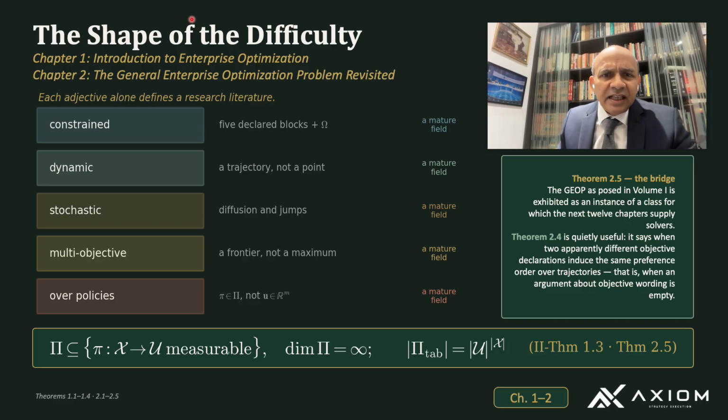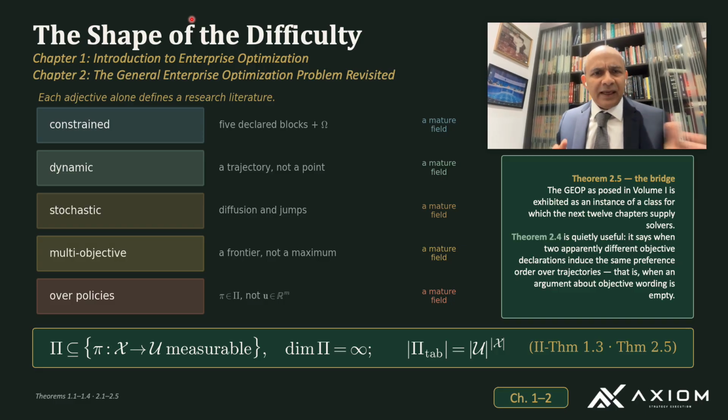Theorem 2.5 is the unified enterprise optimization theorem in computational form, and it is the bridge. The GEOP, as posed in Volume 1, is exhibited as an instance of a class for which Volume 2 supplies solvers. For a certified GEOP, an optimal policy exists, satisfies the appropriate optimality conditions, assigns shadow prices to binding constraints, varies stably with small changes in declared data, and these properties hold independently of the particular solver used.